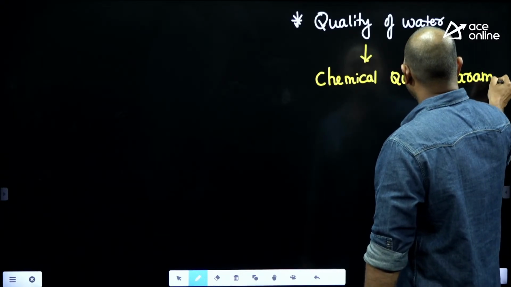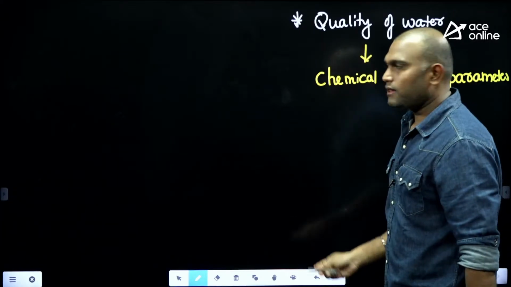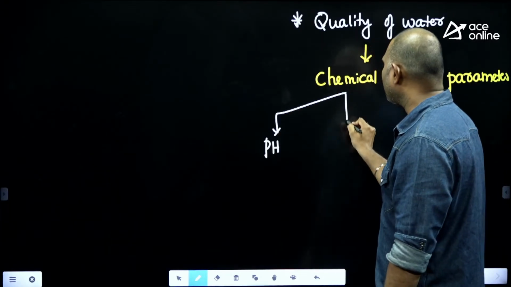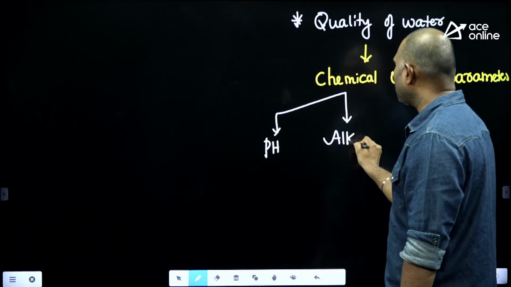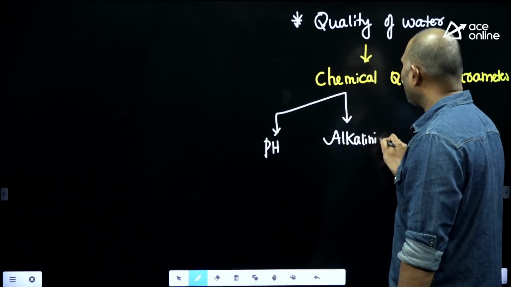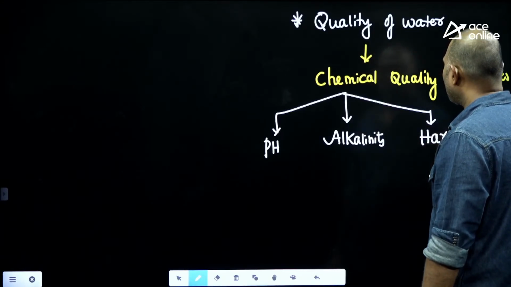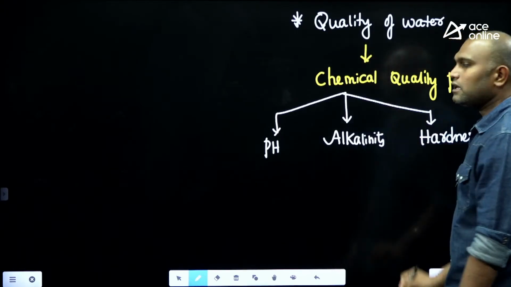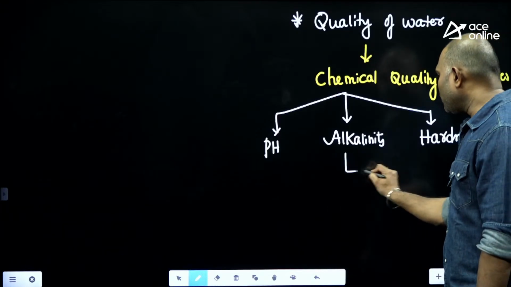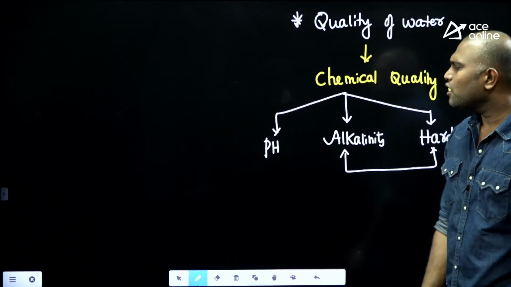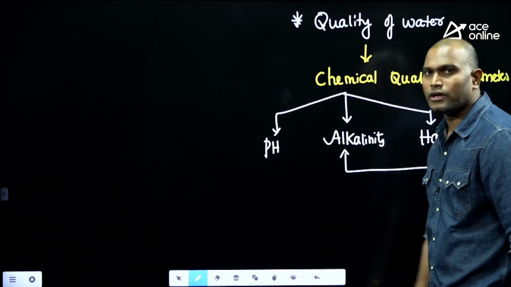In the chemical quality parameters, they have asked questions from pH, alkalinity, and hardness. And there is an interrelation between total alkalinity and total hardness. If you know one, you will obviously know the other.